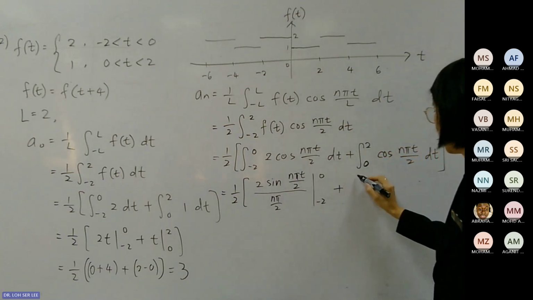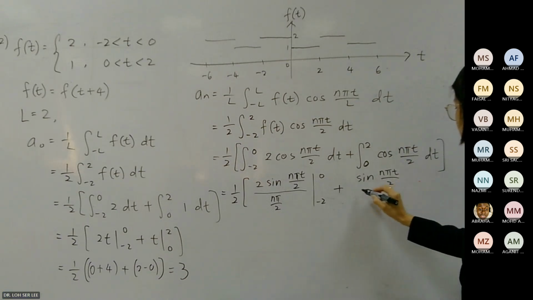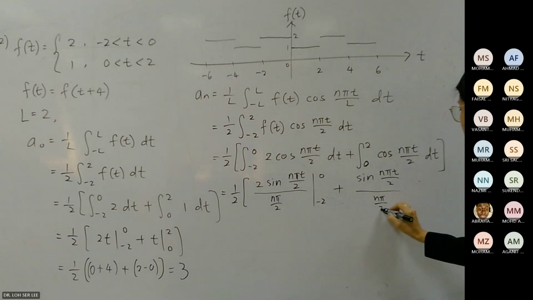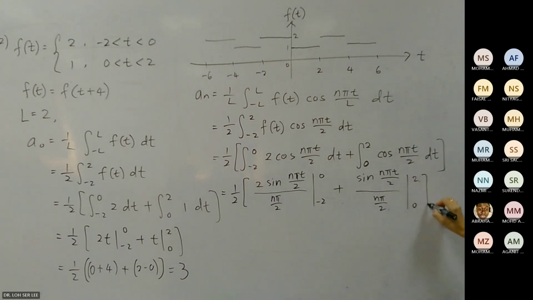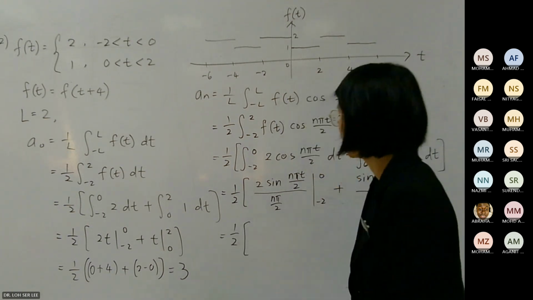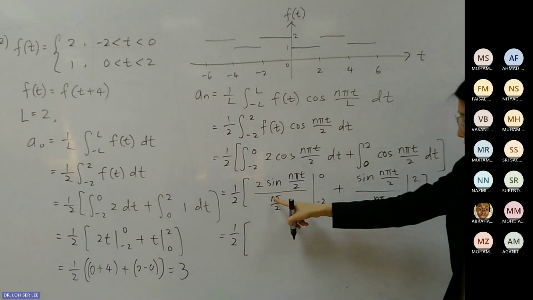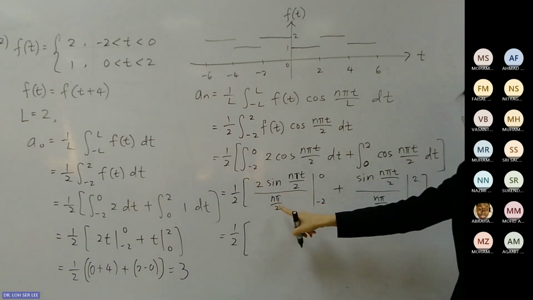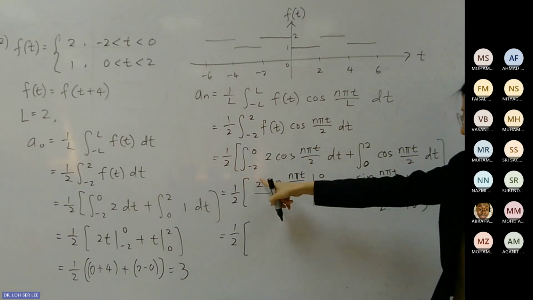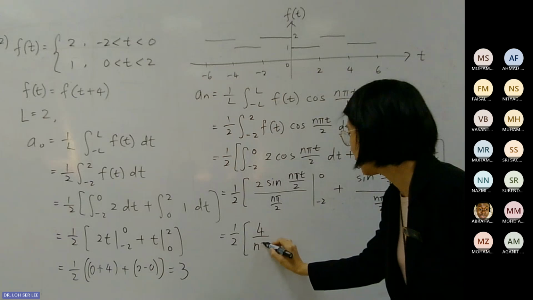Okay, same goes to this one. Over n pi over 2. Okay, that means this 2, we can bring it up. So we have 2, 2, 4. 4 over n pi.